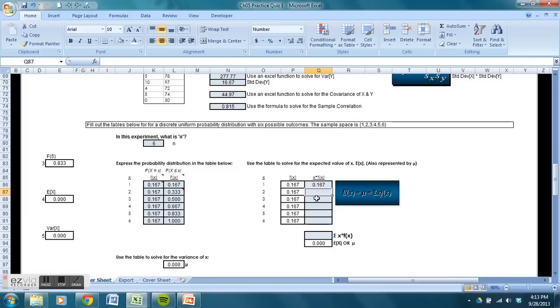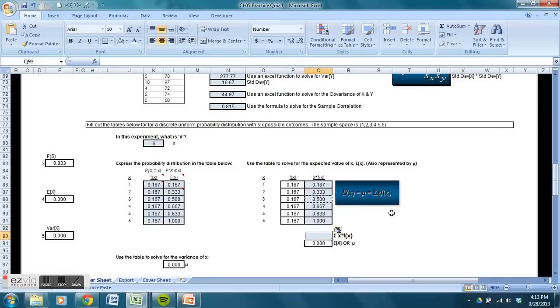And right here we can do the same thing. The value associated with an outcome of 3 is 3 multiplied by the probability that it's going to happen. This is the probability f of 3, which is represented in this cell. It's the probability that you're going to have an outcome equal to 3. There we go. And we can copy this, paste it down.